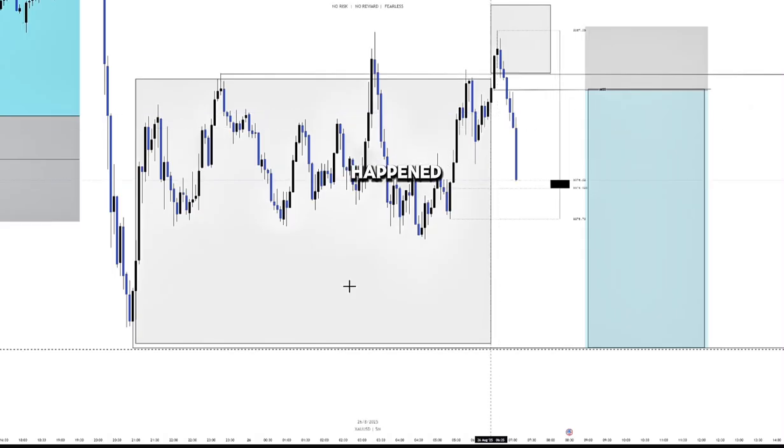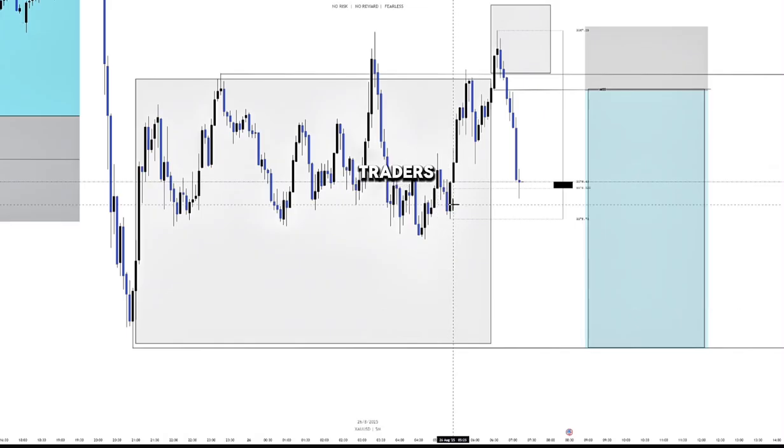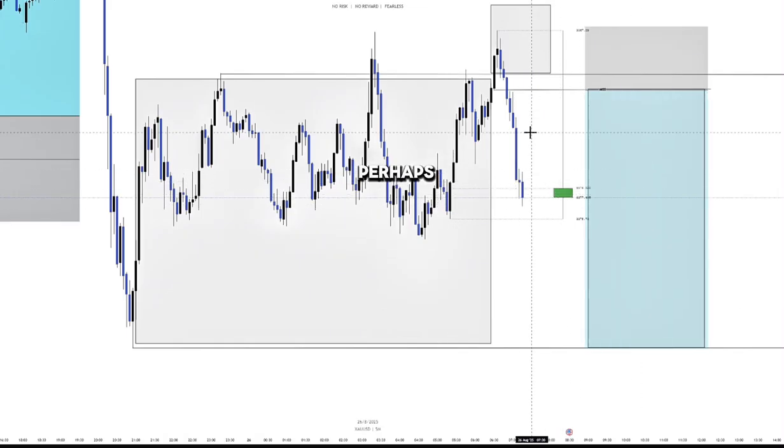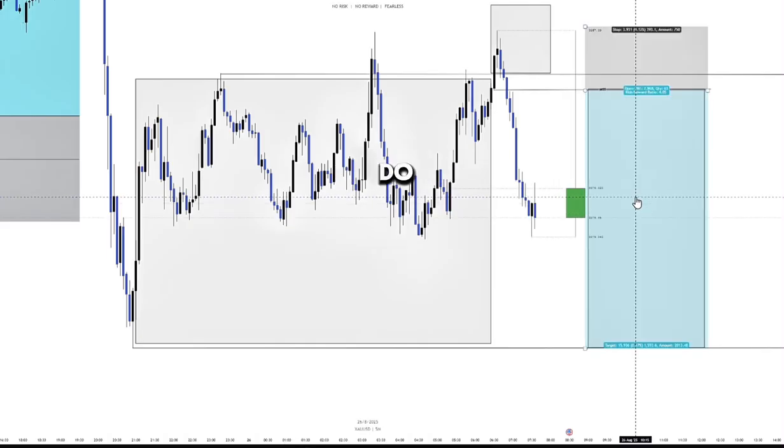So this is how a sell will also be established. Let's see what happened. In a sense, right here, most traders will get in from FOMO. Perhaps they'll enter here, perhaps they'll enter here. Fear of missing out, you know. But that's bad psychology. Sometimes you have to do your analysis, set what you're setting, and let it play out. At this point, I'm not even in the market. I'm away doing something.